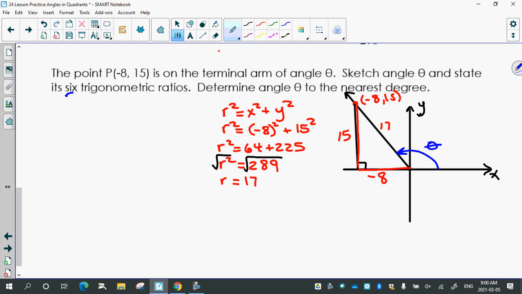Okay, so we're going to start off with sine and cosecant. So the sine of angle theta is the y value, which is 15, over the r value, which is 17. The cosecant is upside down of sine, or r over y.